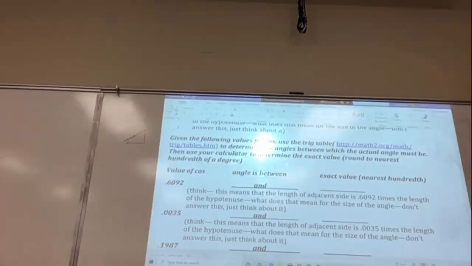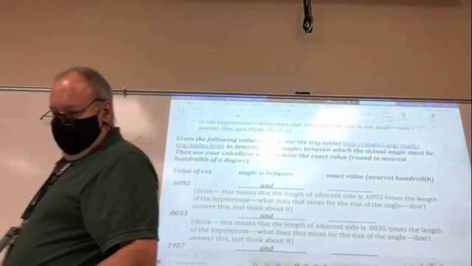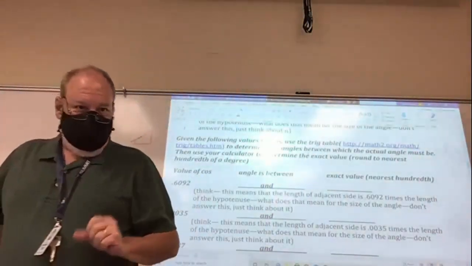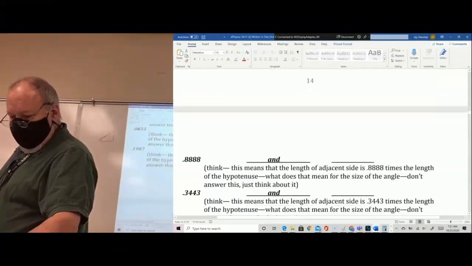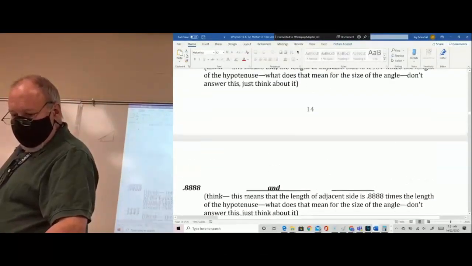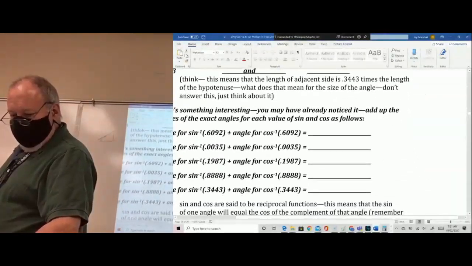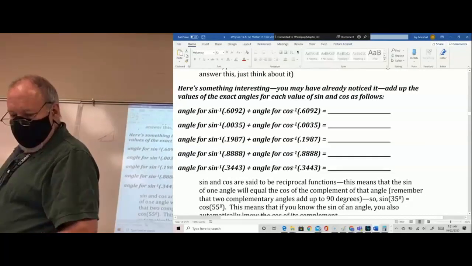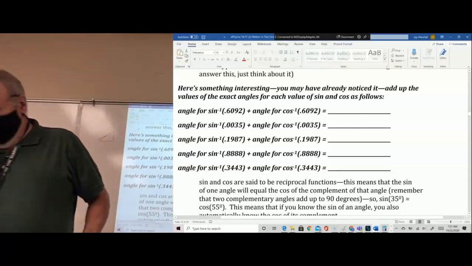Okay, so I think we're all far enough along that we can move on. If you're struggling with this, come and see me because you need to be able to do this. So we did the sine and the cosine. And then on page 15, we've got this right here.